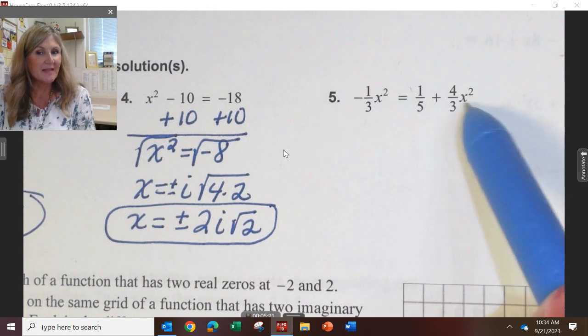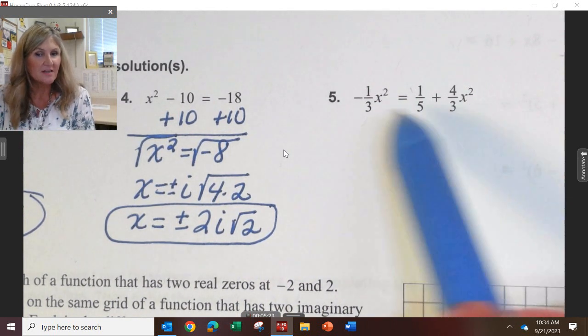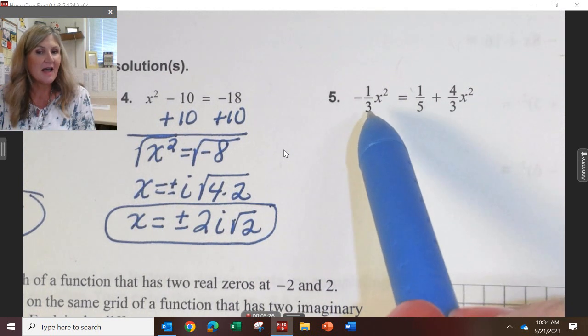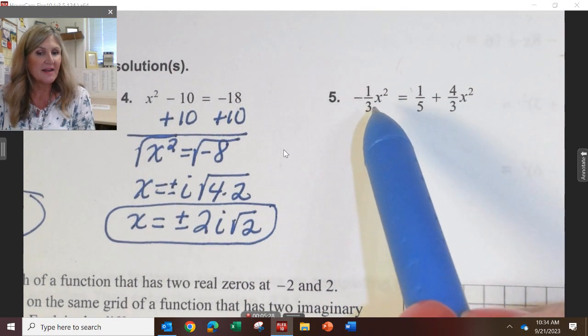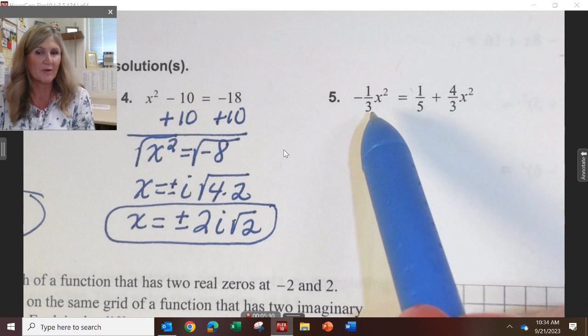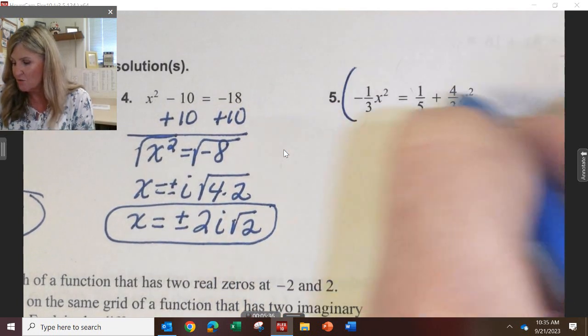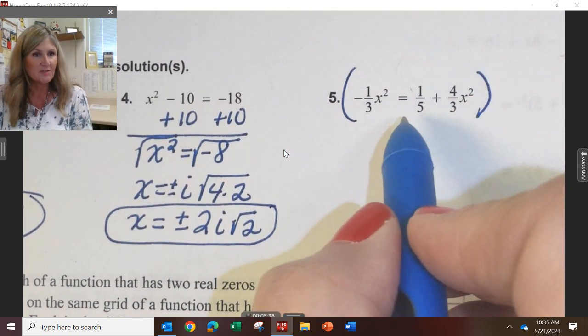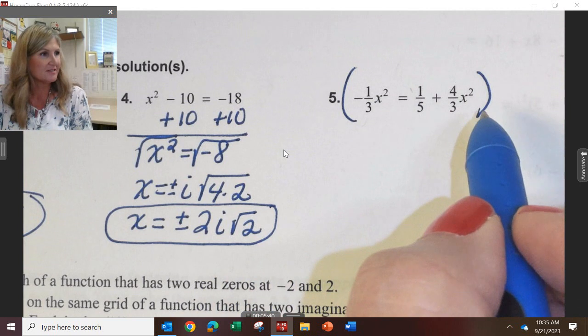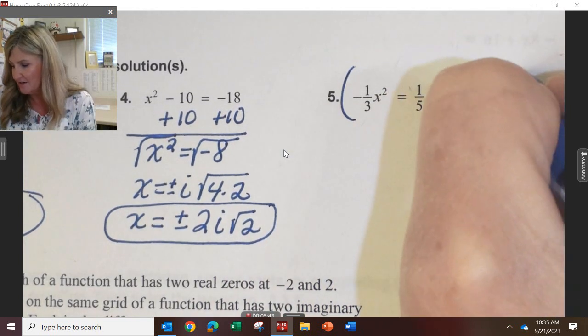This problem at the beginning looks very difficult, but we are always allowed to multiply or divide any equation by any number we want to. Not variables. We can't multiply or divide by variables, but we can by constants. So what would be the constant that I could multiply this by to get rid of the fractions? 15.